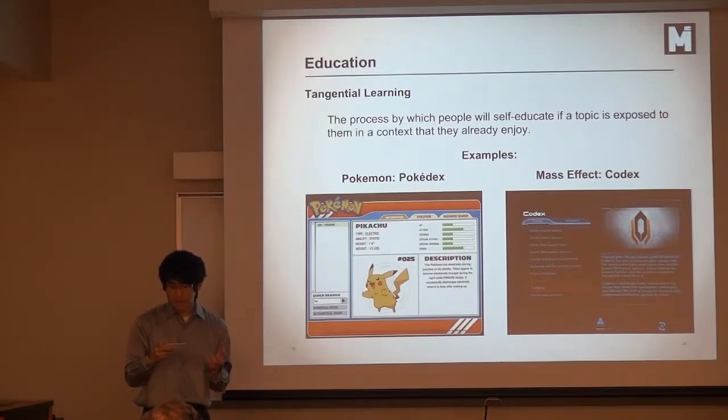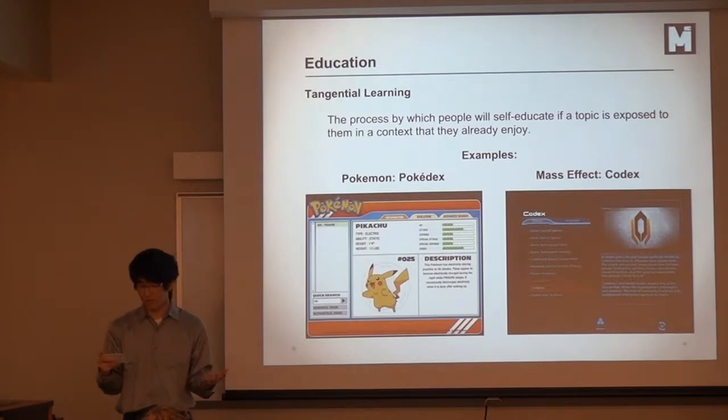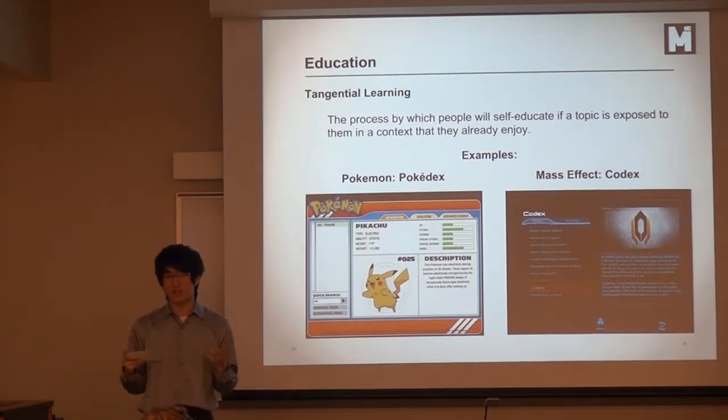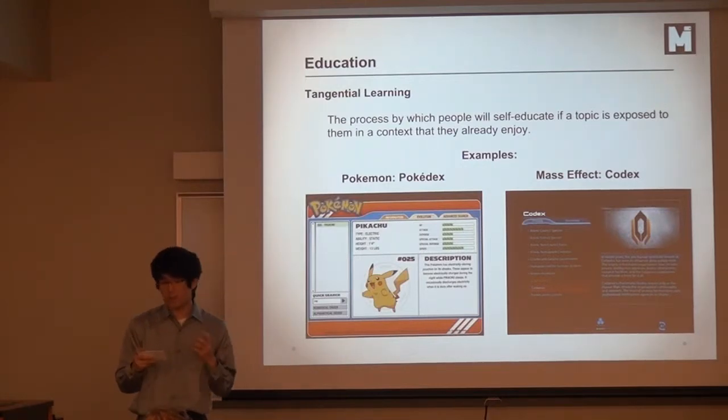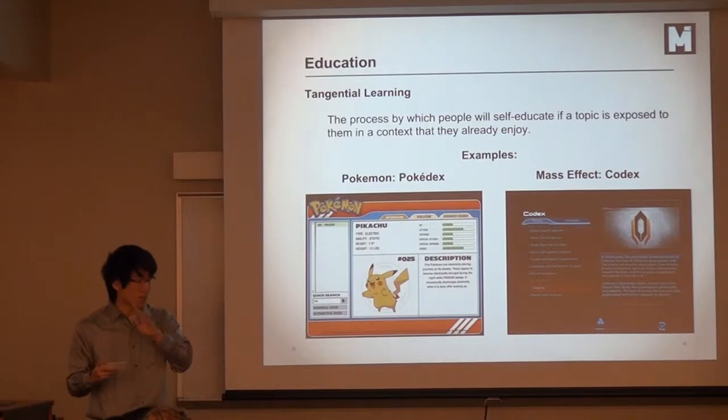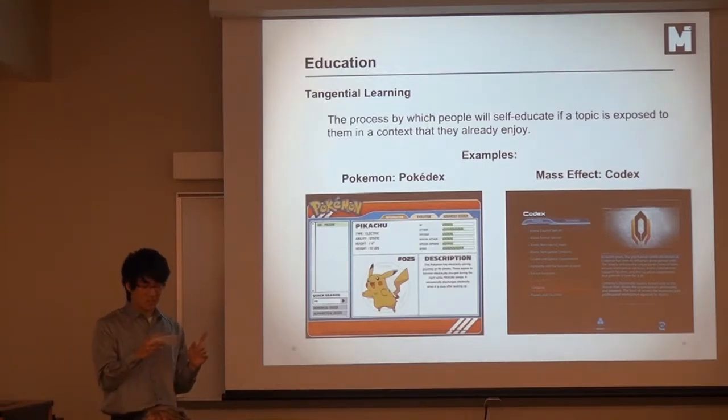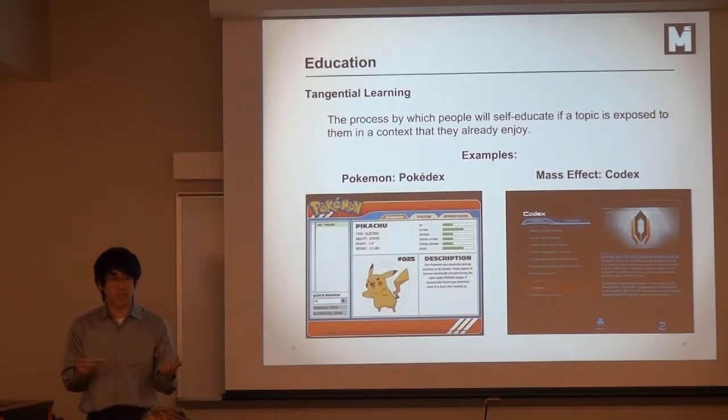In the game, the Pokédex plays a role as an encyclopedia of information that isn't necessary to play the game, and players are not forced to learn about the 151 Pokemon inside it, but a surprising number of players could recite all of them.